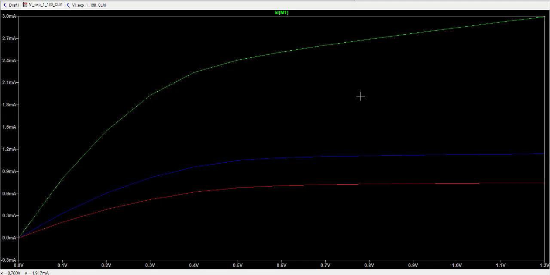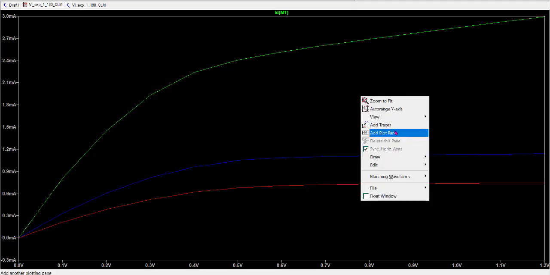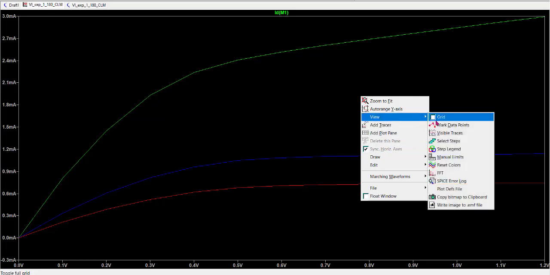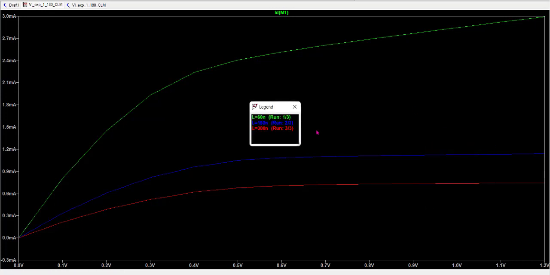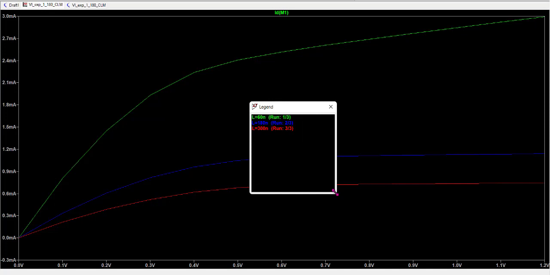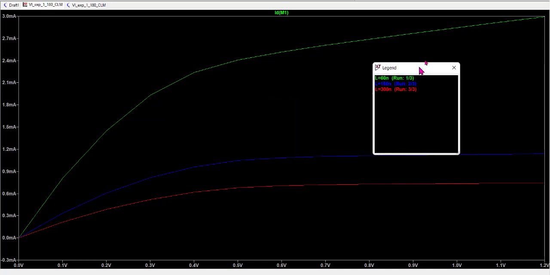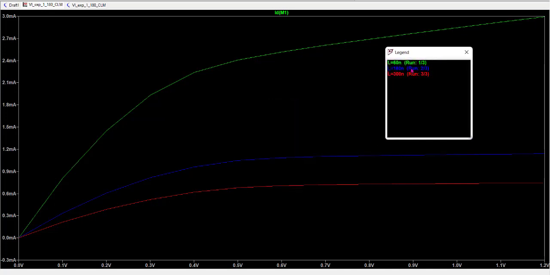Now what you see is not because of VGS. These three values are not because of VGS, but because of the length. You see, length is 60 nanometer, green color. See how the curve is going, right? It is passing with such a high slope.